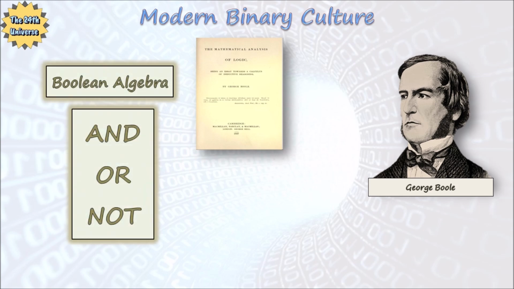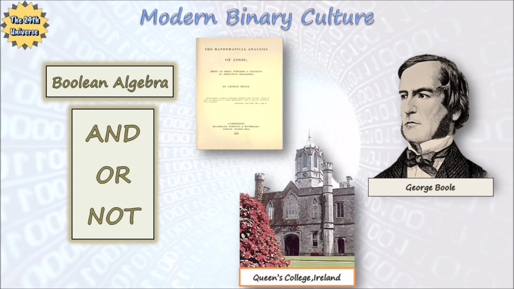George Boole published a paper called The Mathematical Analysis of Logic that describes an algebraic system of logic, now known as Boolean algebra. Boole was a largely self-taught English mathematician, philosopher, and logician, most of whose short career was spent as the first professor of mathematics at Queen's College in Ireland.